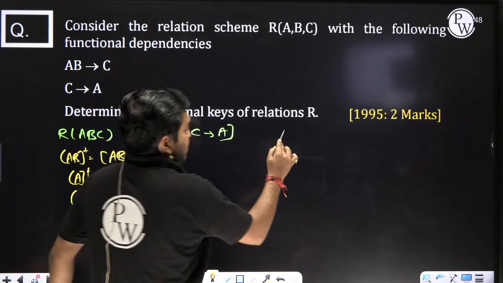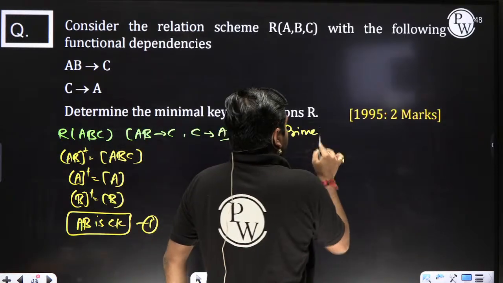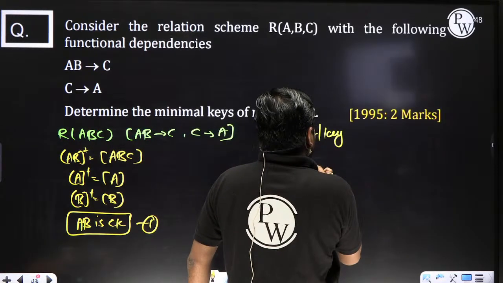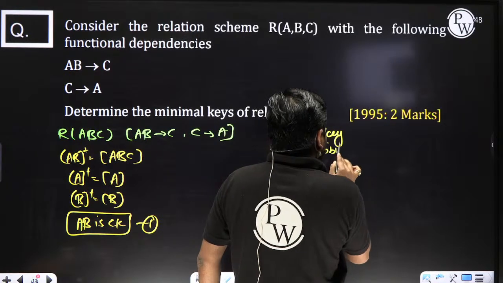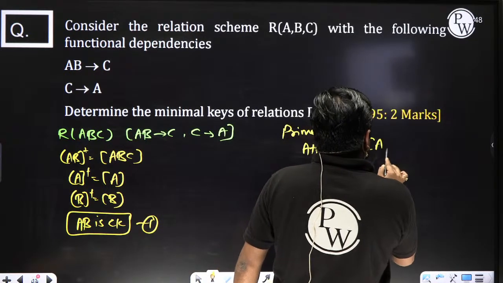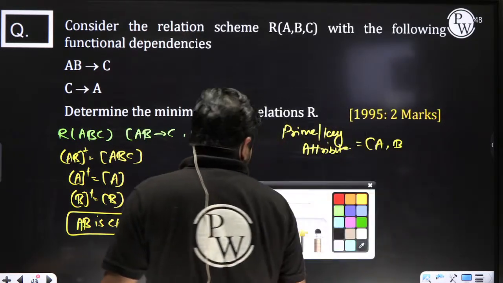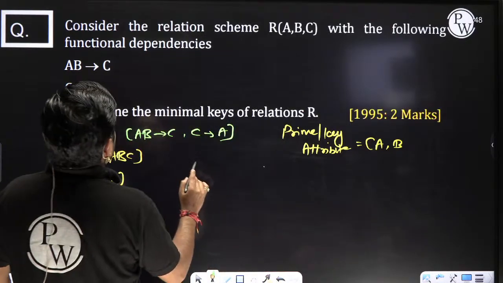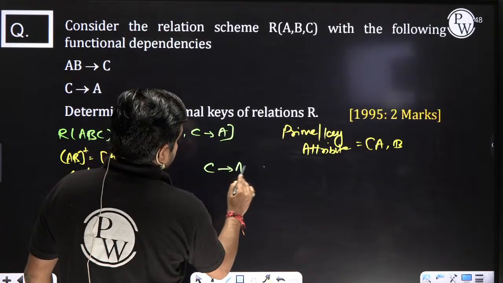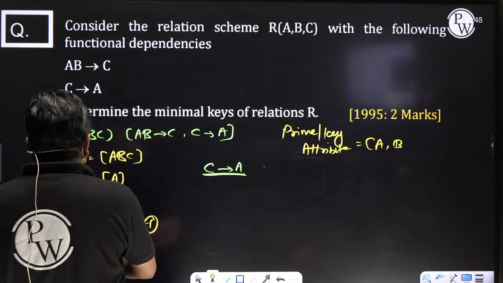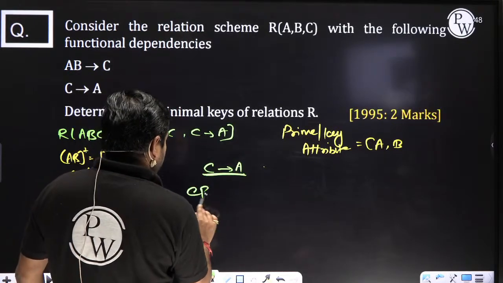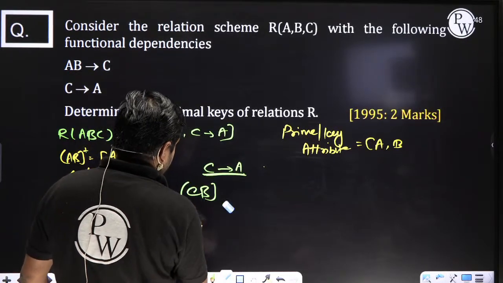Now, prime or key attributes: list A comma B. Now you can see, my dear, A comma B, find A. You can replace this A with the help of what we can say.